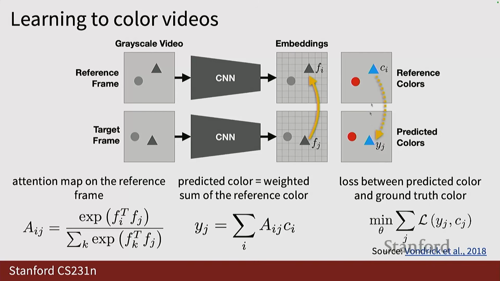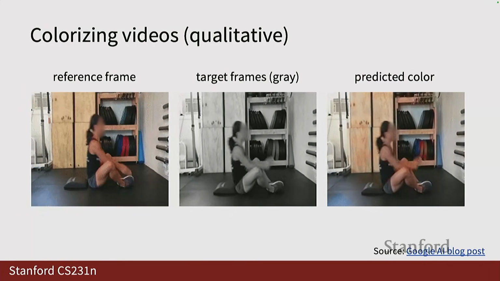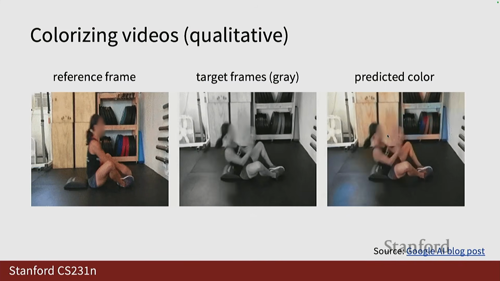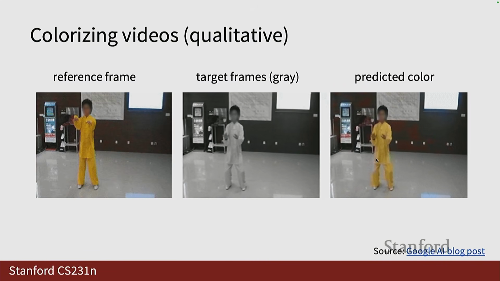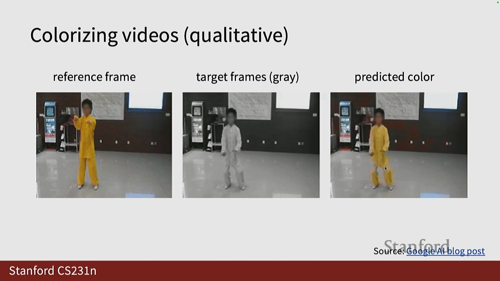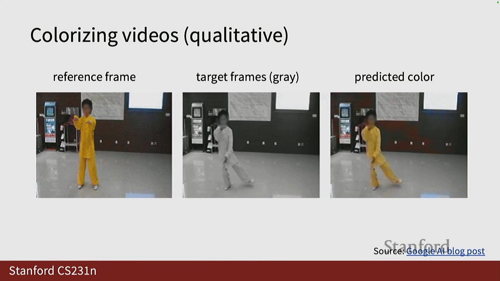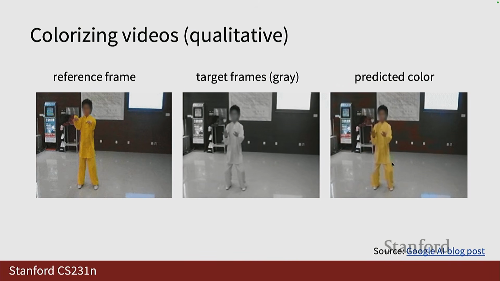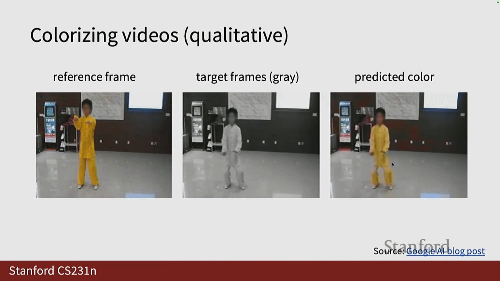calculate the loss function because we have the right colors of those pixels in our data. And with this reference frame, this was able to colorize the images. You see how consistent this becomes in terms of coloring. If we color them separately without this consistency over time, you often see, for example, the person's shirt or clothing change color because there is no constraint to keep it consistent.